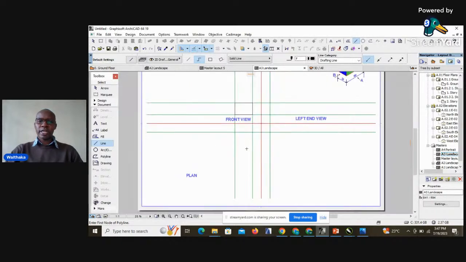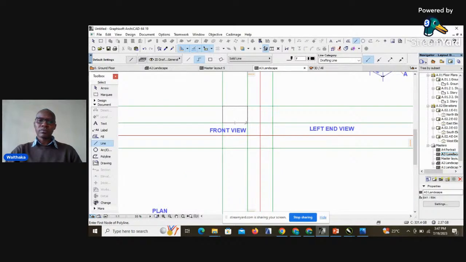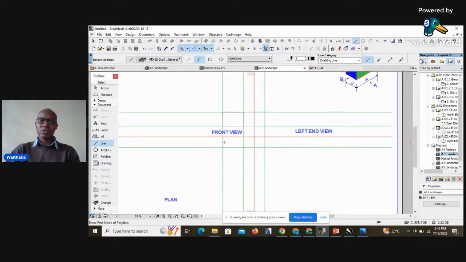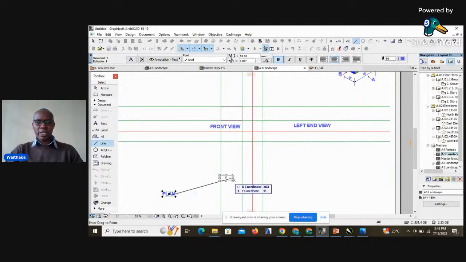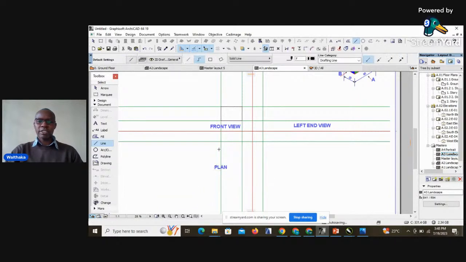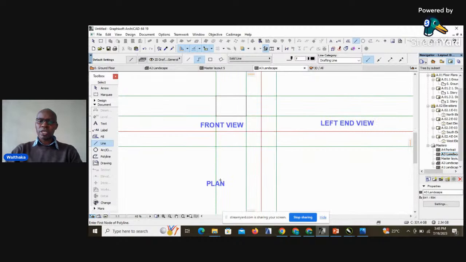And then you'll note that the length of the front will give us the length of the plan, because we said that the plan is what will come directly below the front view. So the plan will be just directly below the front view, and therefore we've already defined the length of the plan.